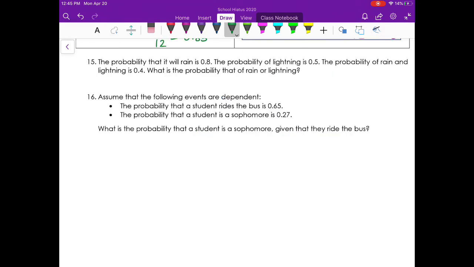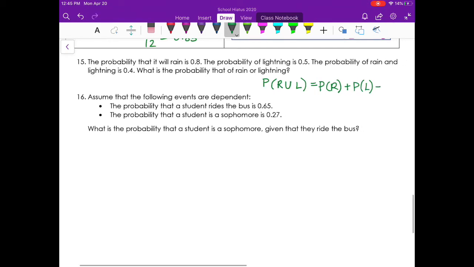Next, number 15, we're looking that the probability it will rain is 0.8. The probability of lightning is 0.5. The probability of both rain and lightning is 0.4. What is the probability of rain or lightning? So the probability of rain or lightning is equal to the probability of rain plus the probability of lightning minus the intersection probability of rain and lightning.